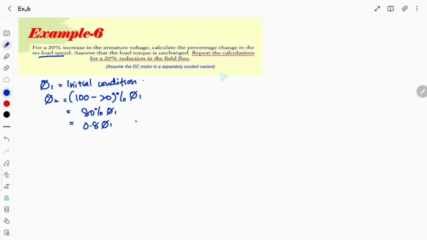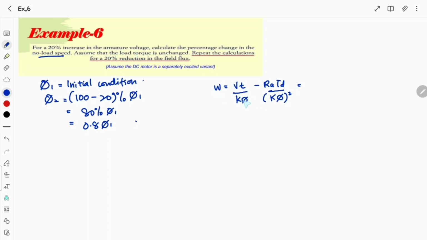Let's write up the speed torque equation. We have Vt over flux or Kv, minus Ra Td over Kv squared, since the load torque, we put T, torque. And it involves the 20% reduction.